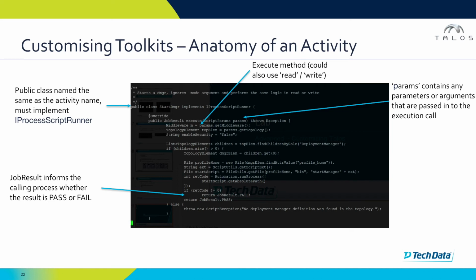The execute method is the method that actually executes the code. Params contains any parameters or arguments that are passed in to the call from the command line that's executed. And job result is something that needs to be returned to indicate whether the process result is a pass or a fail.